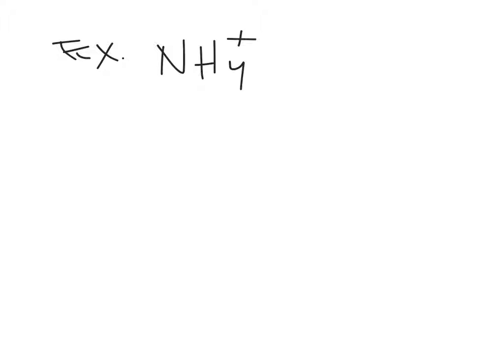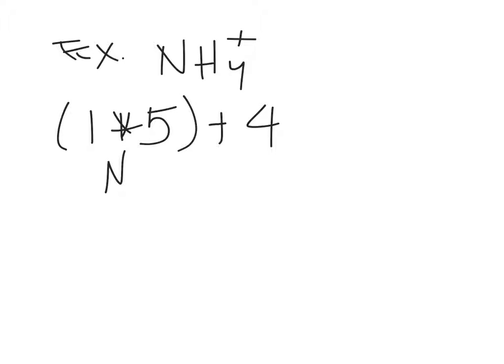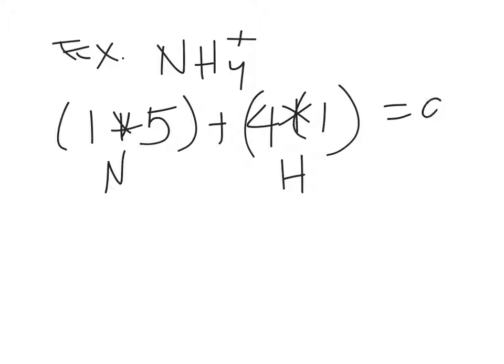So let's add up the valence electrons. We've got one nitrogen atom times 5 valence electrons. Then we've got 4 hydrogen atoms times 1 valence electron each. So if we had 4 hydrogen atoms and 1 nitrogen atom, that would be a total of 9 valence electrons.